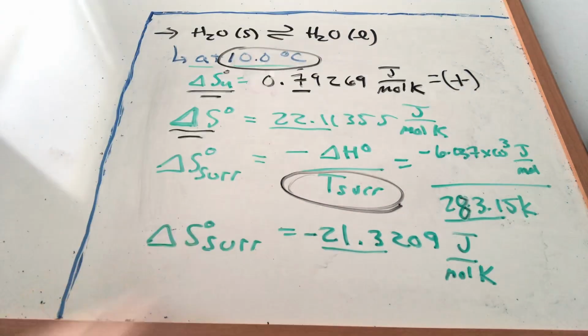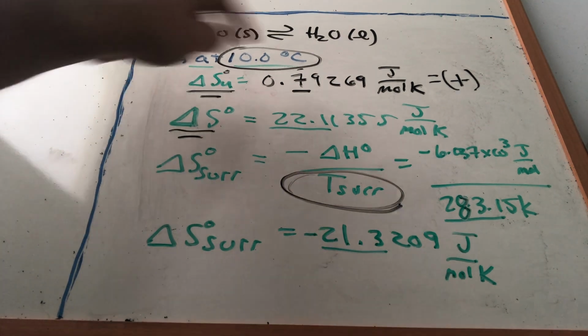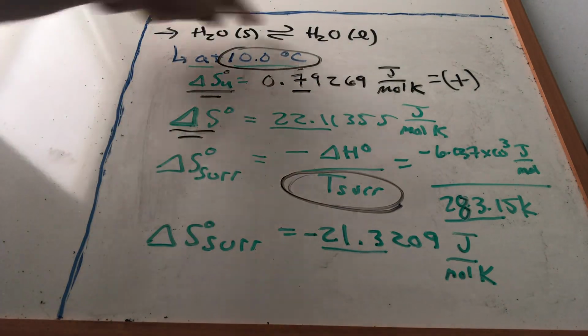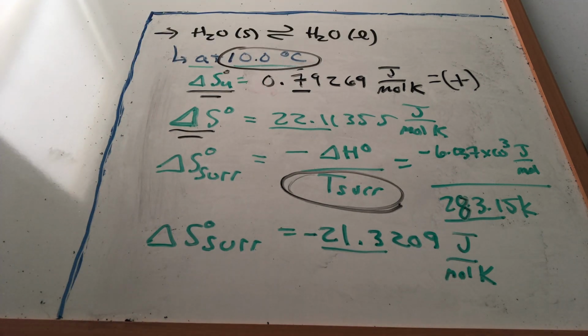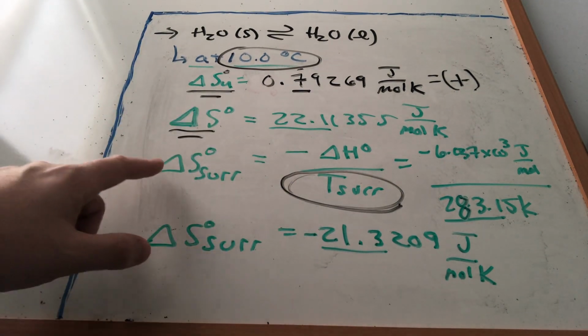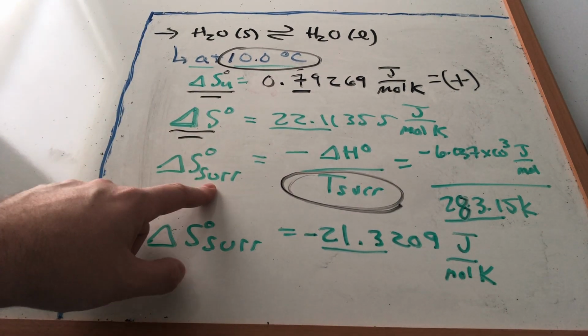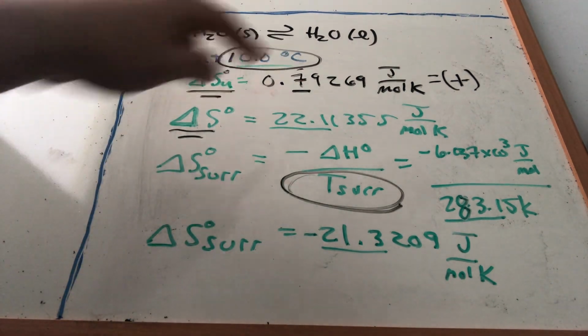Delta S universe is positive, linking that to the second law: when delta S universe is positive, the process occurs. The process occurs spontaneously. So at 10 degrees Celsius, we had the same delta S naught, but delta S naught for the surroundings changed, and so delta S universe changed.